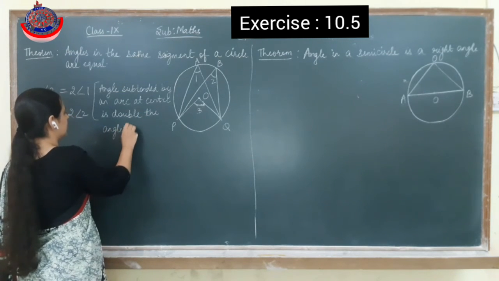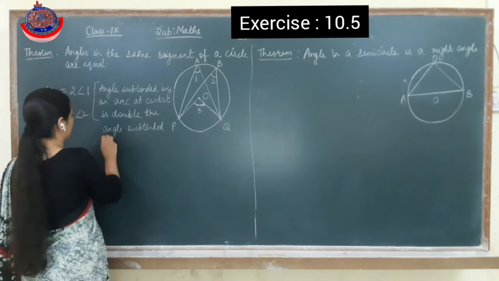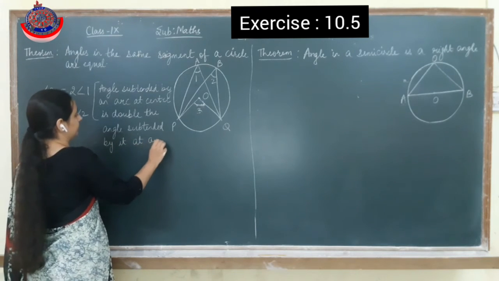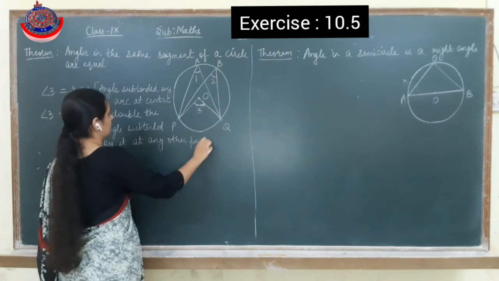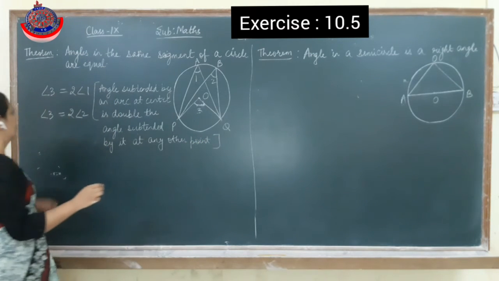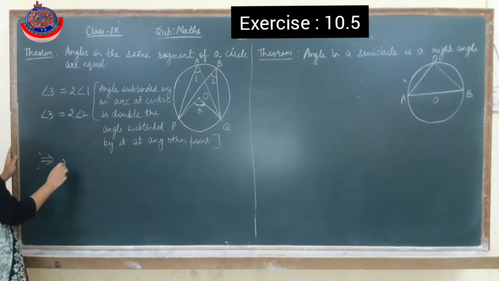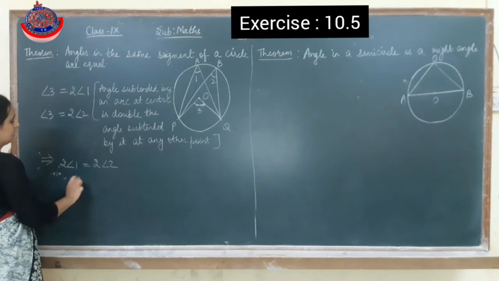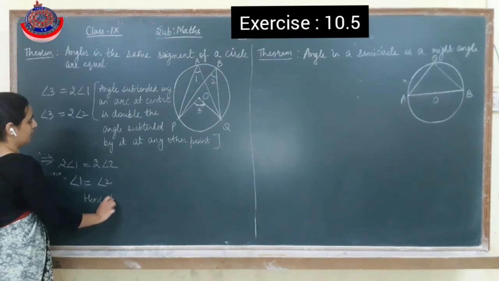Double the angle subtended by it at any other point. Right? So from these two equations we have got the result that means twice of angle 1 should be equal to twice of angle 2, or we can say angle 1 is equal to angle 2, hence it is proved.